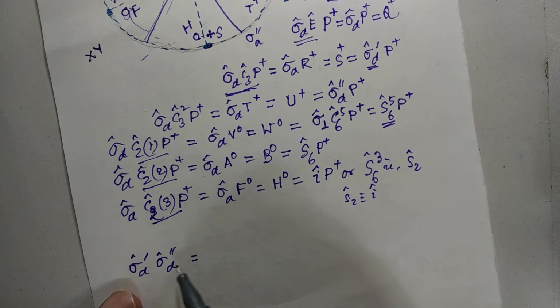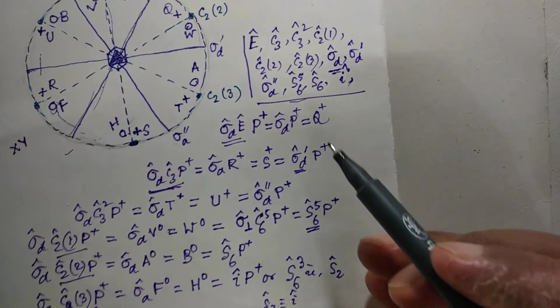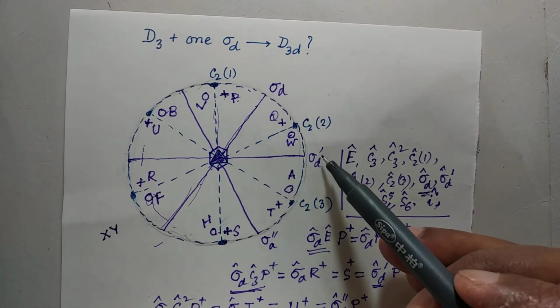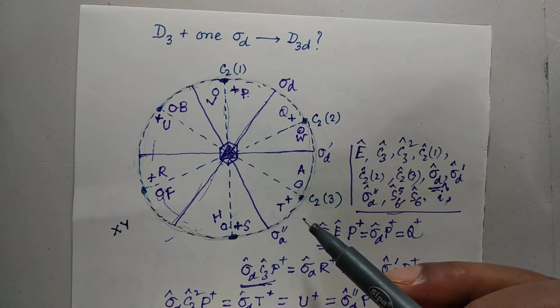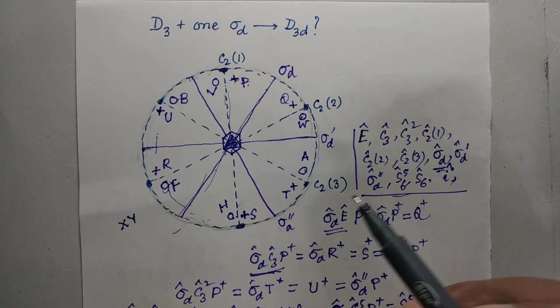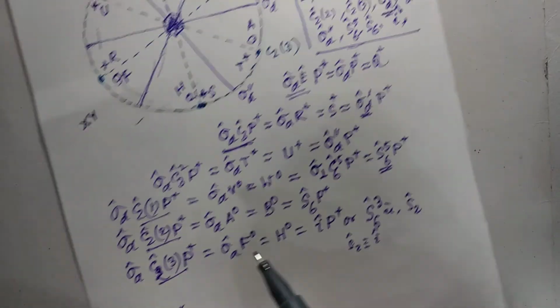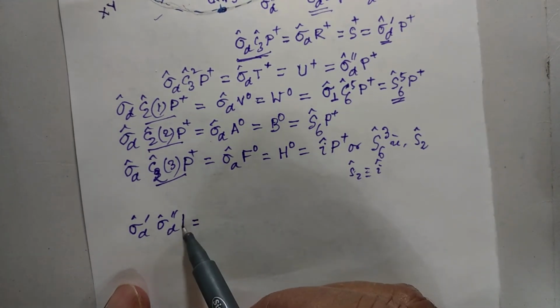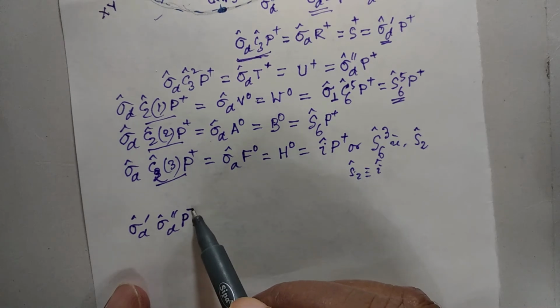Sigma d was initially taken, and sigma d prime, sigma d double prime, etc. have been generated. So let us multiply these two and see whether any further operation is generated.